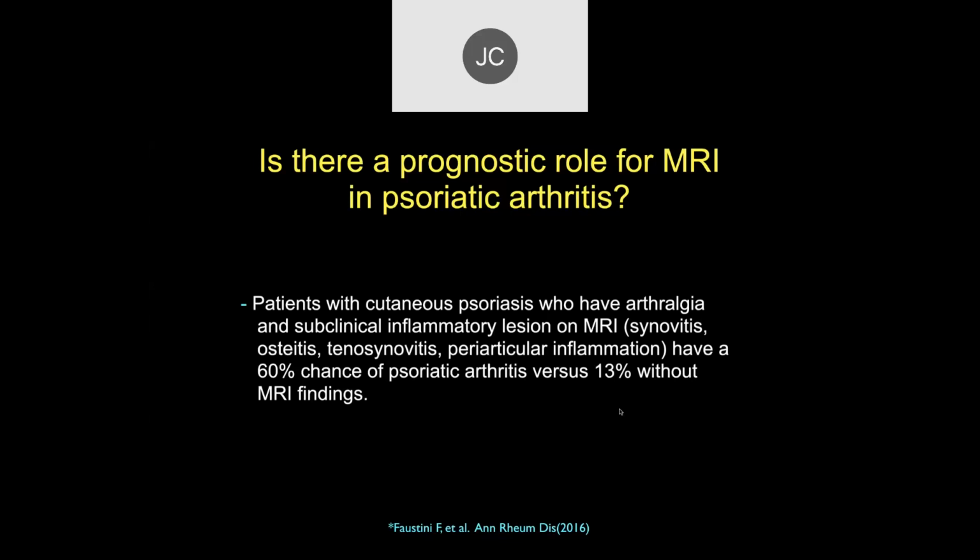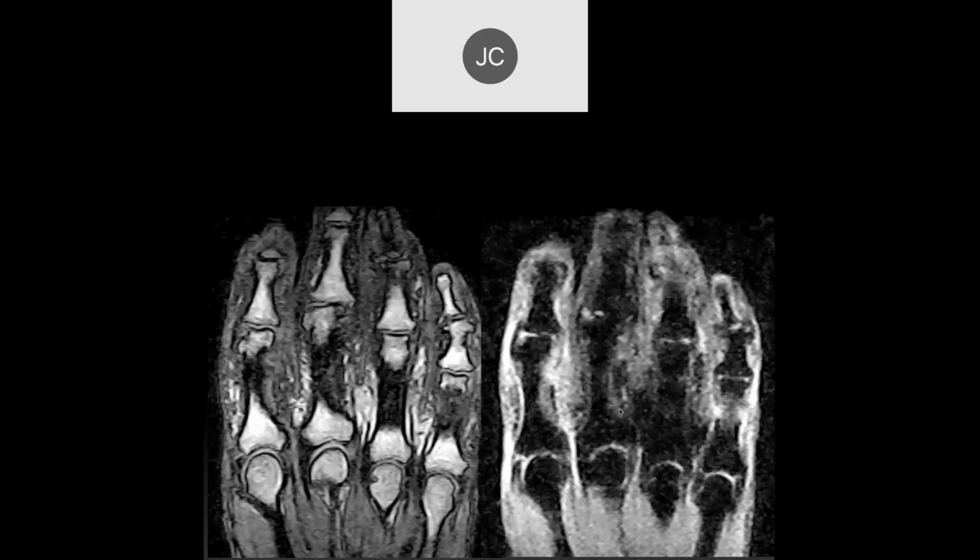Still, a number of rheumatologists, if they suspect psoriatic arthritis, will get an MR scan to look for those soft tissue changes. Now, in psoriatic arthritis, the location differs a little from rheumatoid disease. Rheumatoid in the hand typically starts in the metacarpophalangeal joints, whereas psoriatic arthritis generally starts in the proximal and distal phalangeal joints.